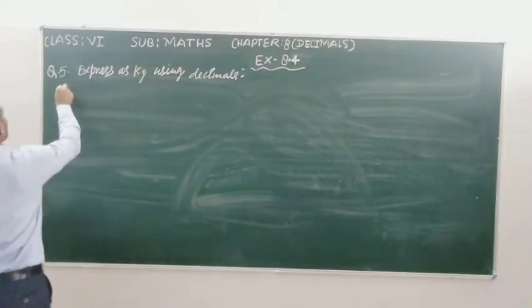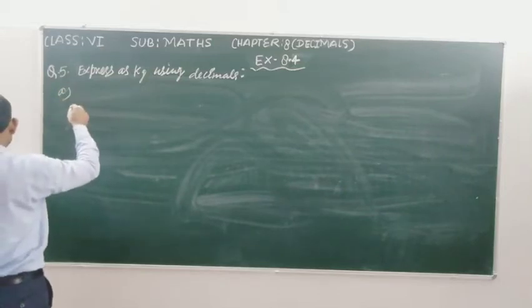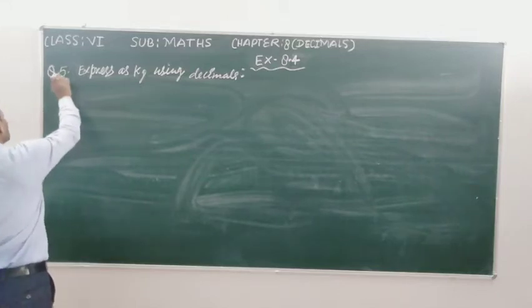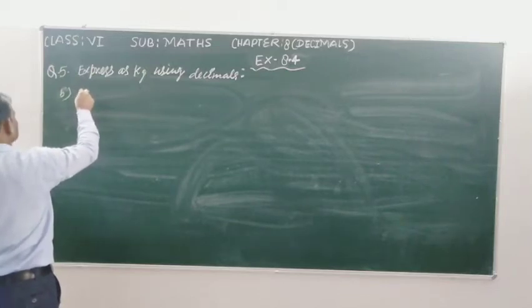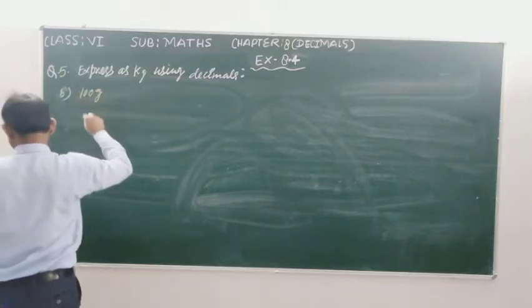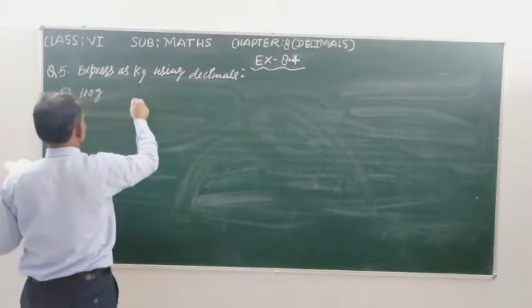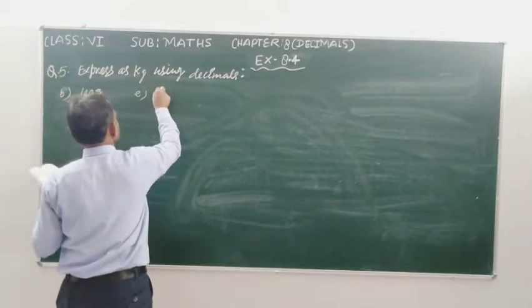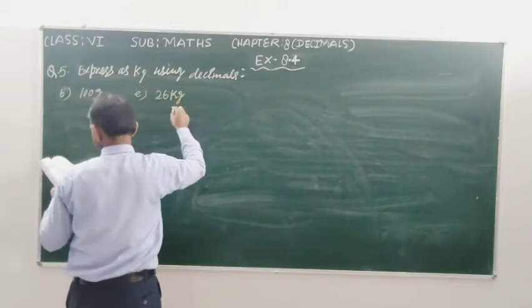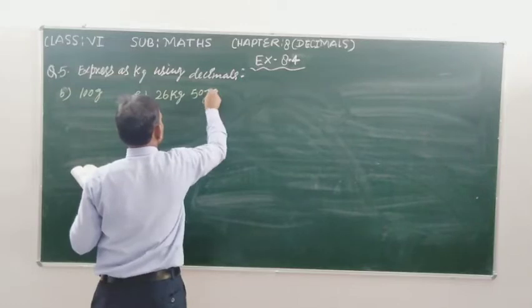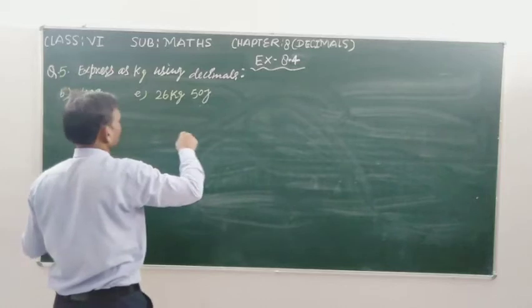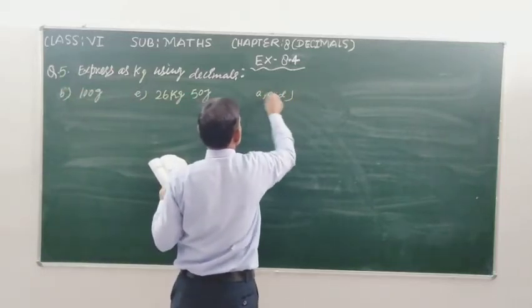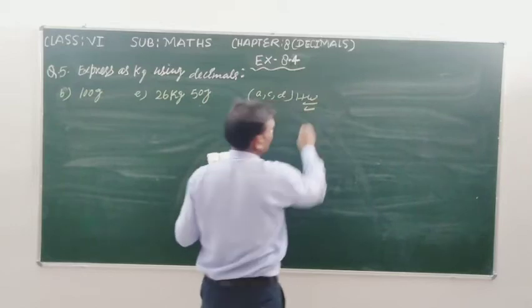Values are given in part A. I am leaving part A here also, student. I am taking part B, 100 gram, and I am taking part E, that is 26 kg and 50 gram. And parts A, C and D are homework for you.